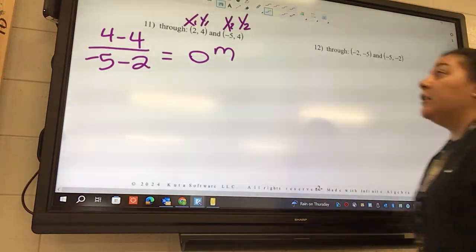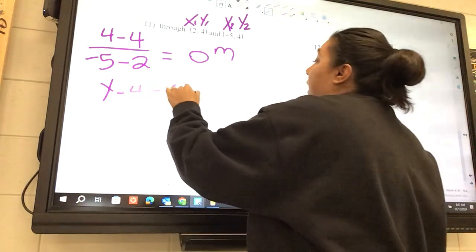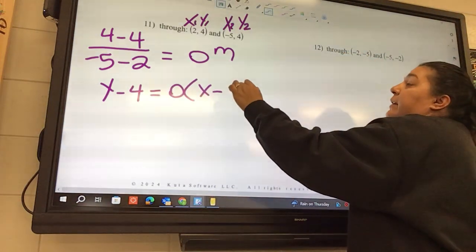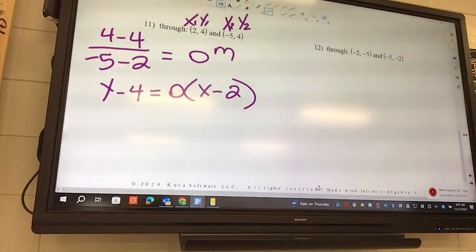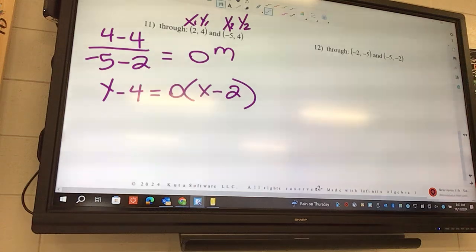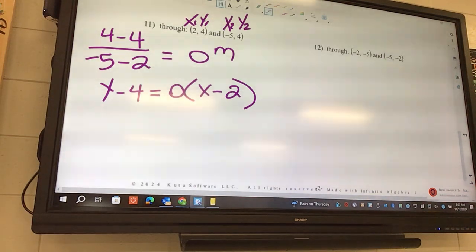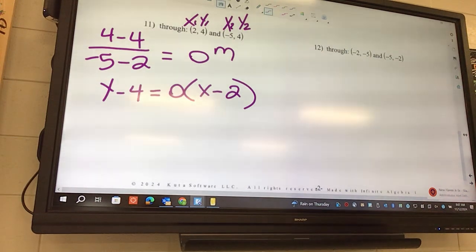And then from here it's going to look like y minus my y1, which is 4, equals my m, which is 0, x minus my x1, which is 2. Okay, number 13 and 14, you're going to cross out. So cross out 13 and 14.